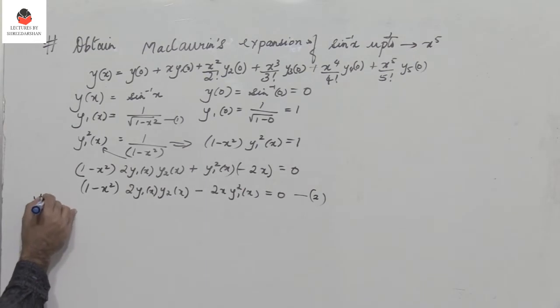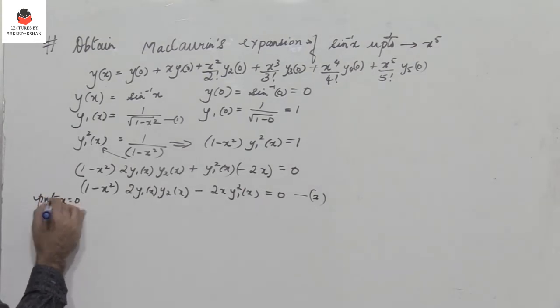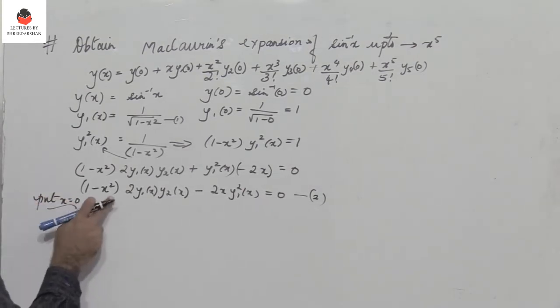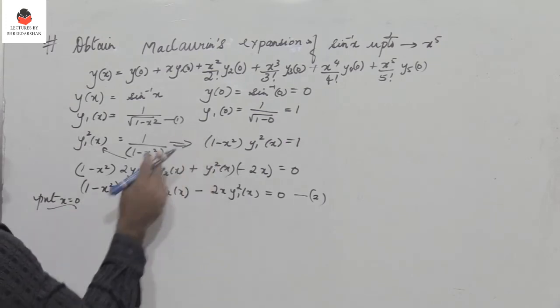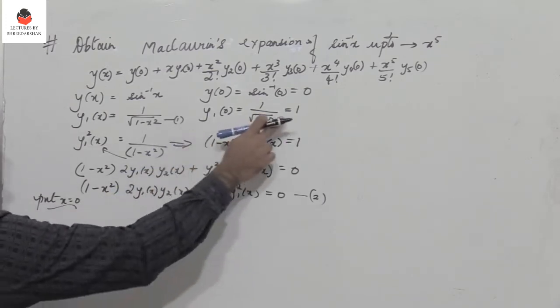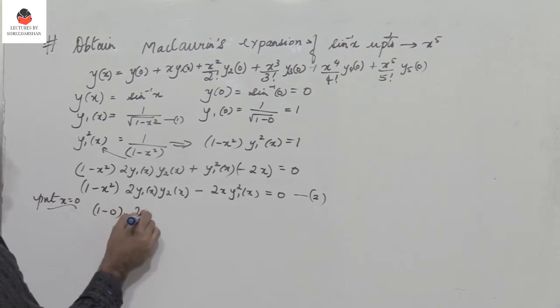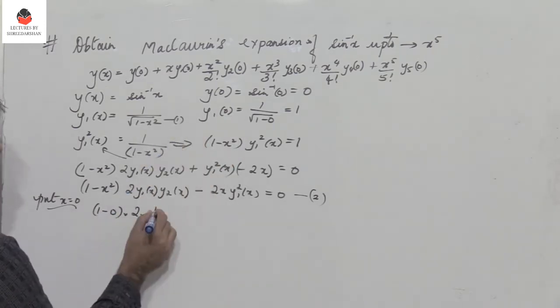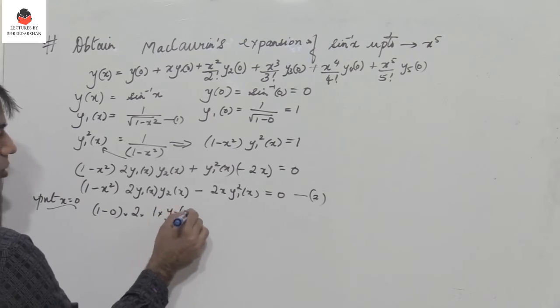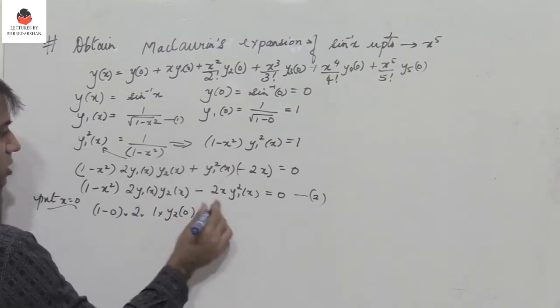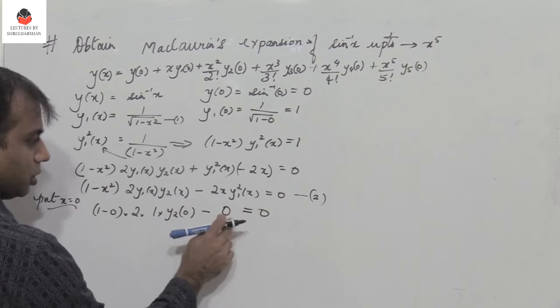Now put x equal to 0 in this equation. So if I put x equal to 0 and you have y1 of 0 equals 1, so you have 1 minus 0 into 2 into y1 of 0 is 1 into y2 of 0 minus x is 0. So this term becomes equal to 0.